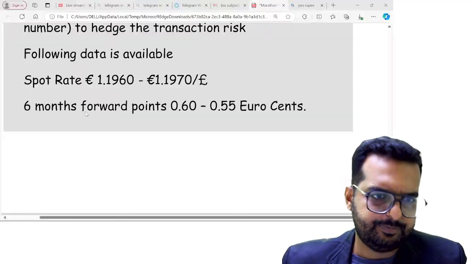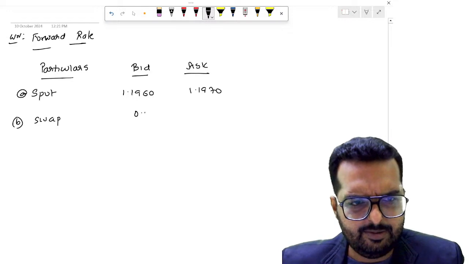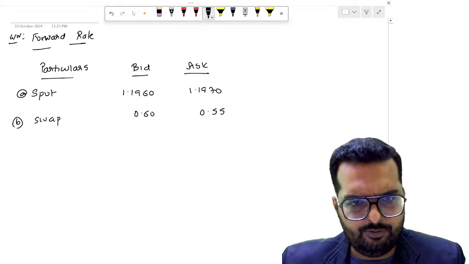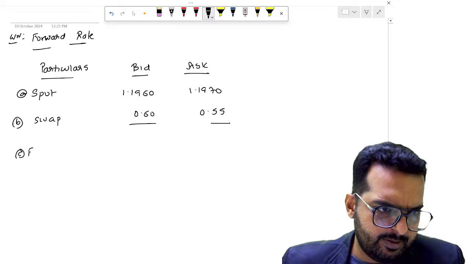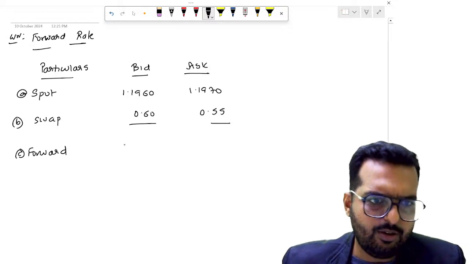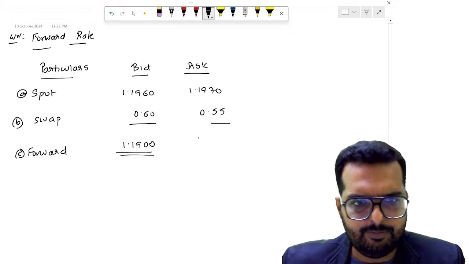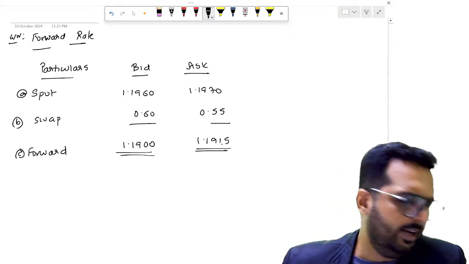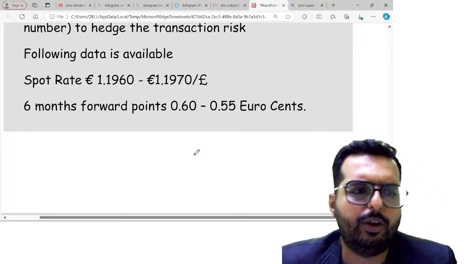Point number B is swap points. That is 0.6 and 0.55. Ascending or descending order? Descending order. Add or subtract? Subtract. Alright, so you will get 1.19 and 1.1915.